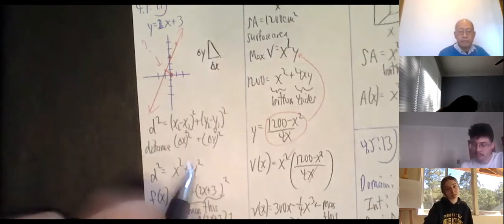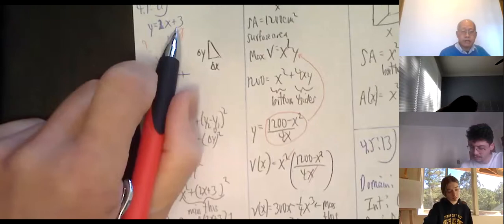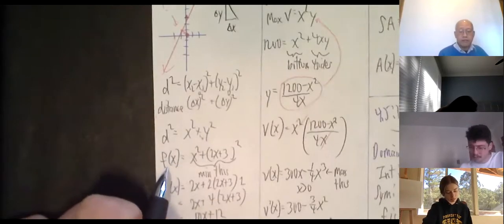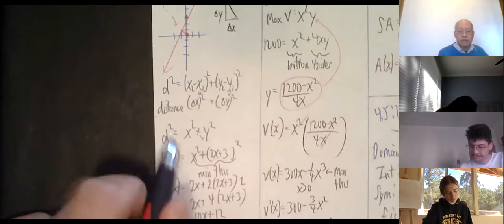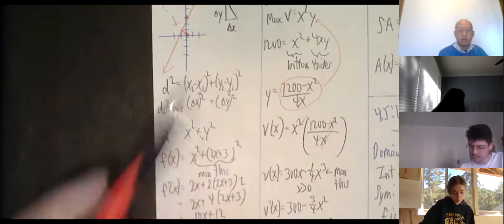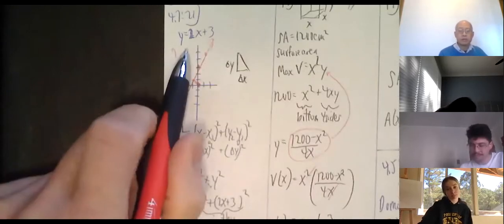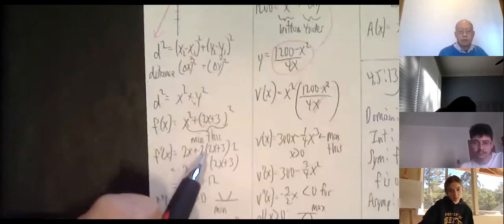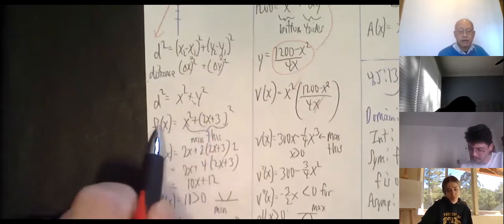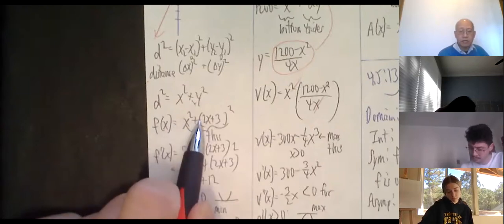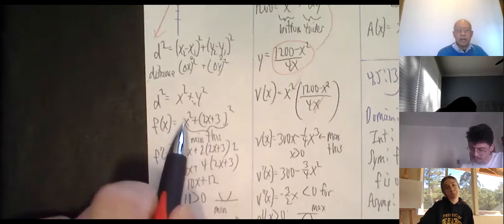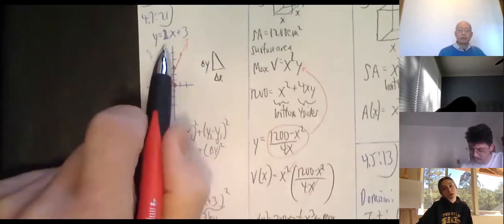But what's y? 2x plus 3, if I'm on that line. So I can write, as a function of x, the square of the distance as x squared plus y squared, but y is equal to 2x plus 3. So there it is, and that's the expression that I want to try to minimize. So f of x is x squared plus y squared. That x coordinate will minimize the distance. Then I'll just plug back in to find the y coordinate.